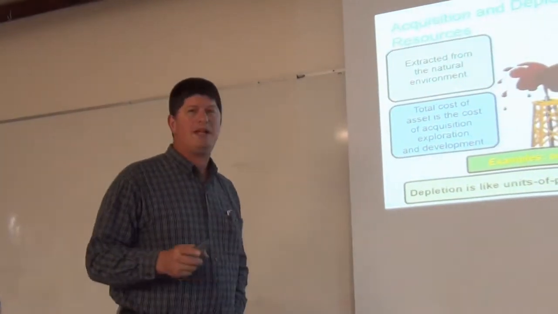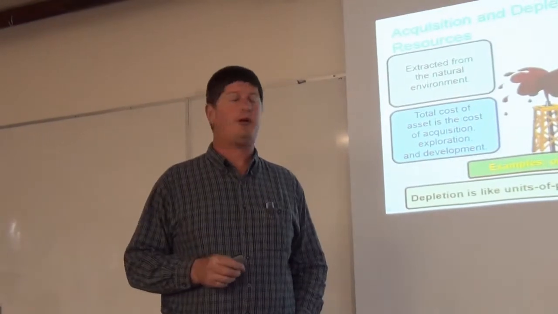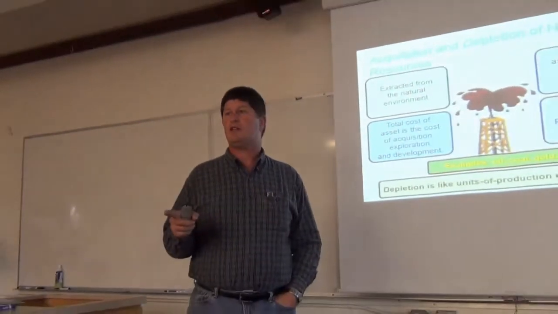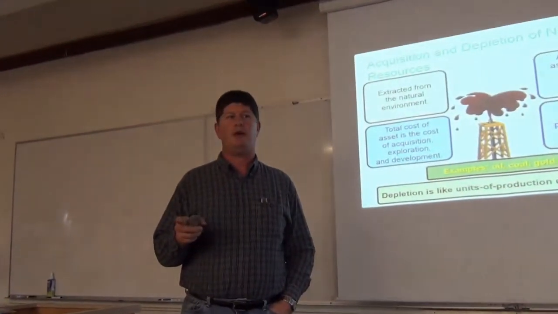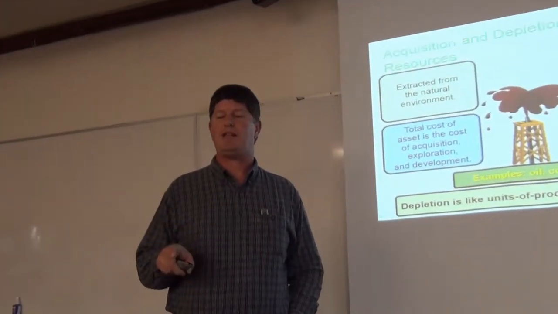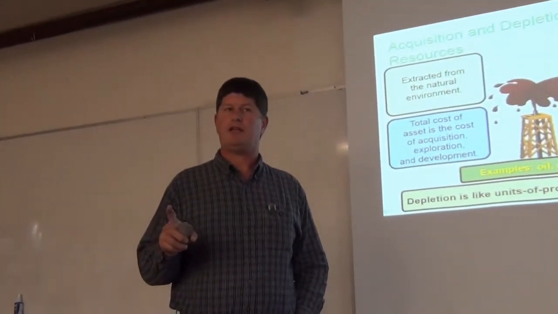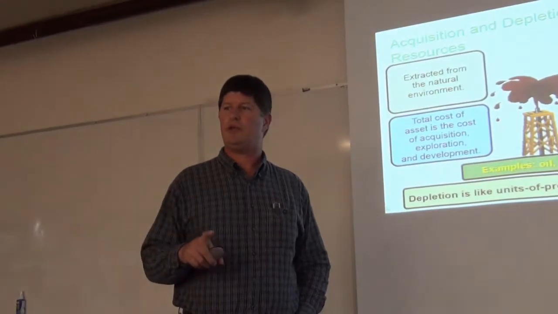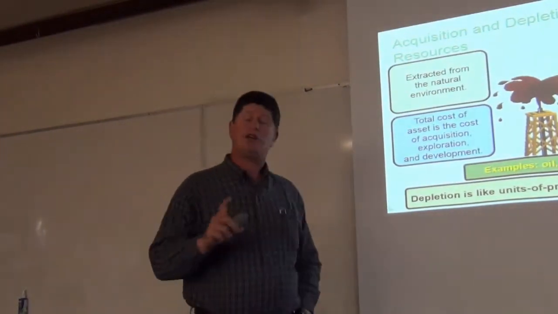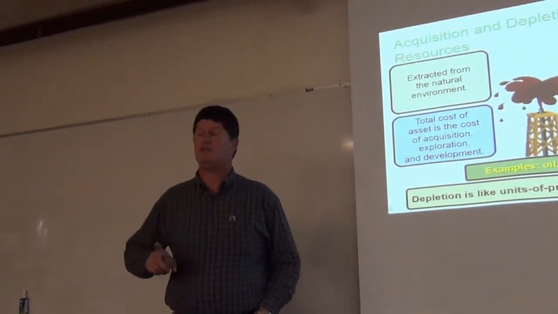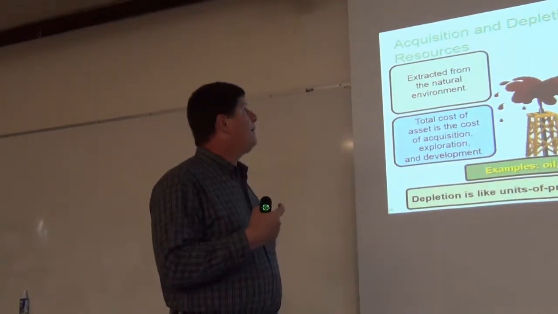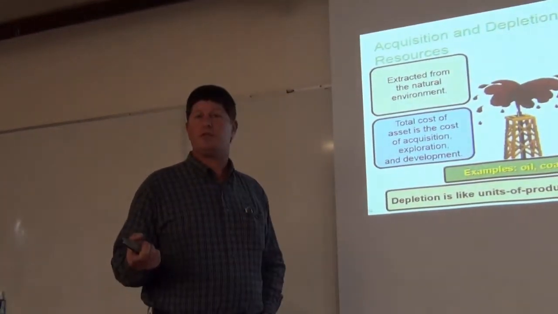Okay. So where we left off last time, the end of chapter 8, a couple more things to cover. We've been talking about depreciable assets, how we're calculating depreciation, what do you do when you get rid of them. A couple other assets that we need to know about and account for. Natural resources.